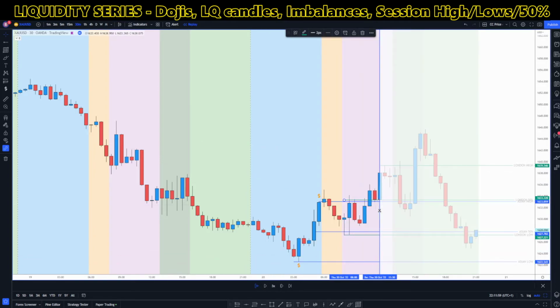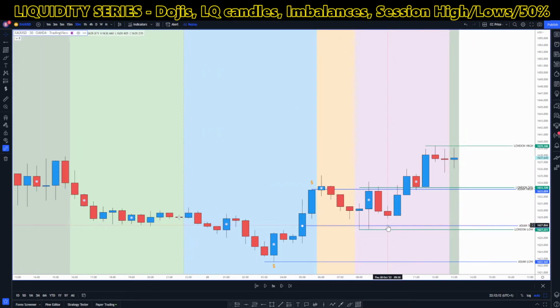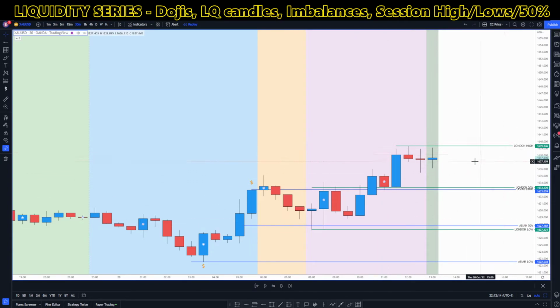At this point, if we don't see the future, what we've got here, we've got dojis. So we know what's building up above and below dojis. There's going to be liquidity.